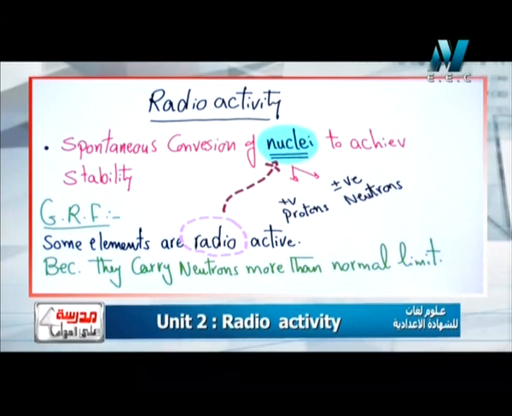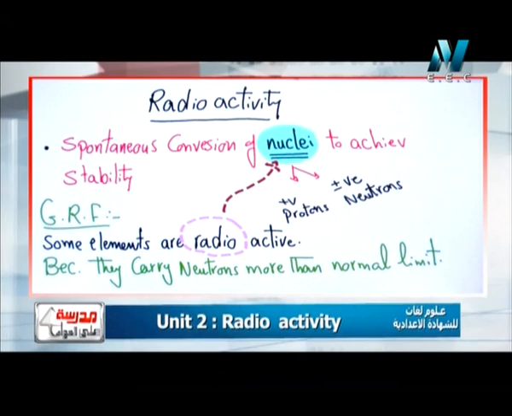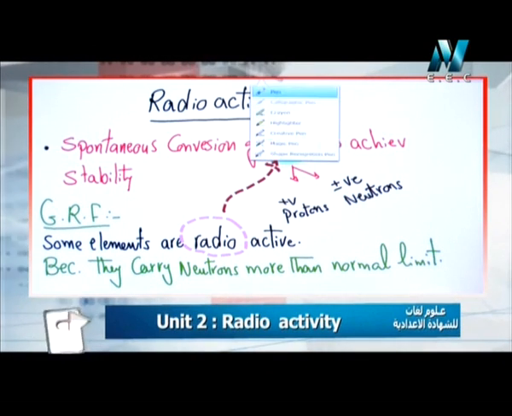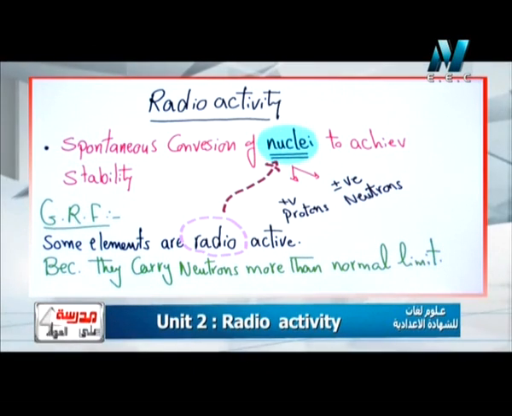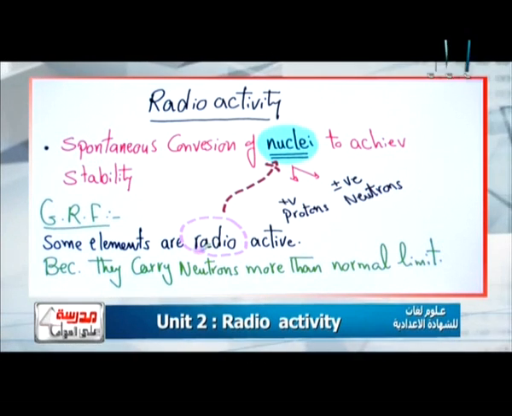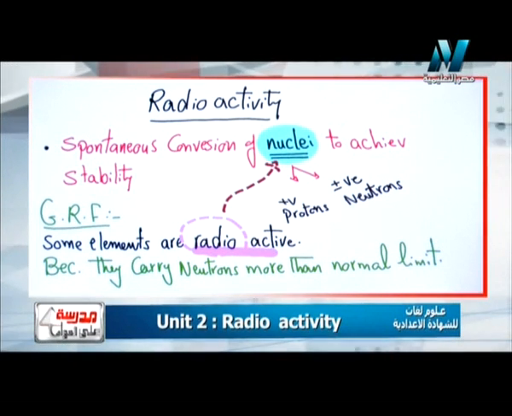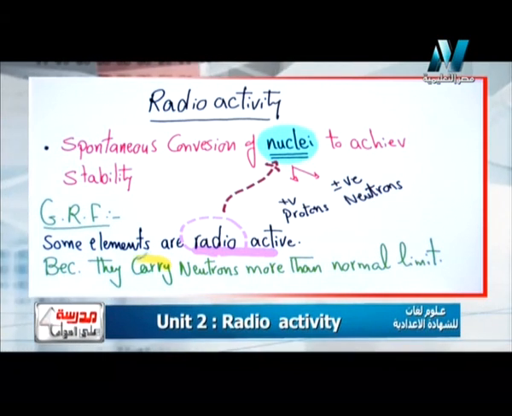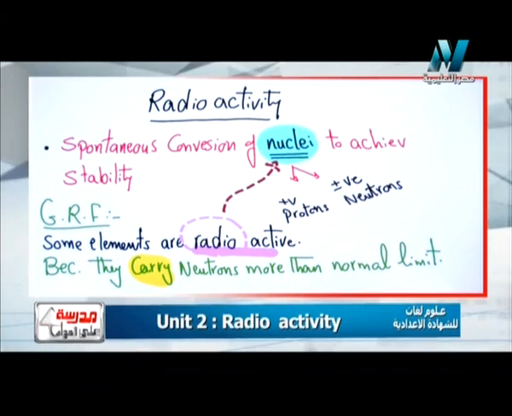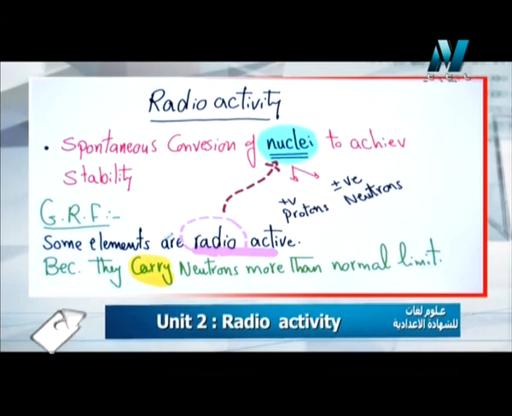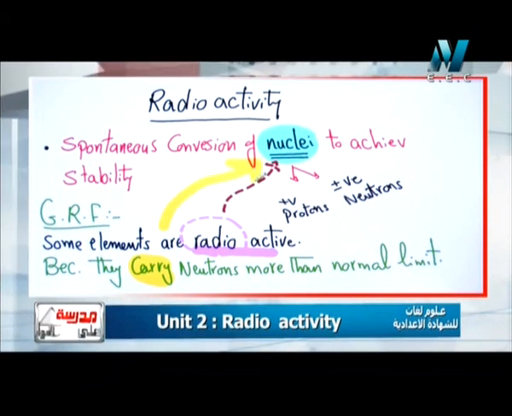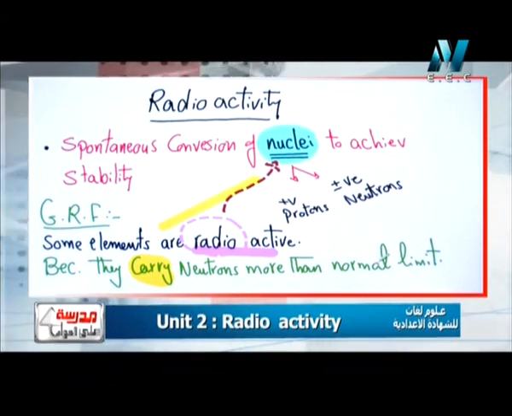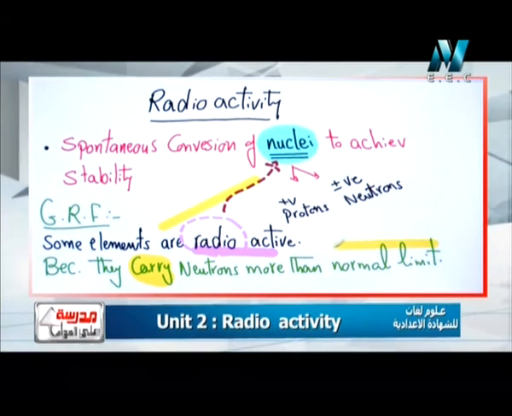So we can answer according to the number of neutrons being more than the normal limit in these radioactive elements. So now we know these elements carry neutrons in the nuclei, but these neutrons are more than the normal limit.